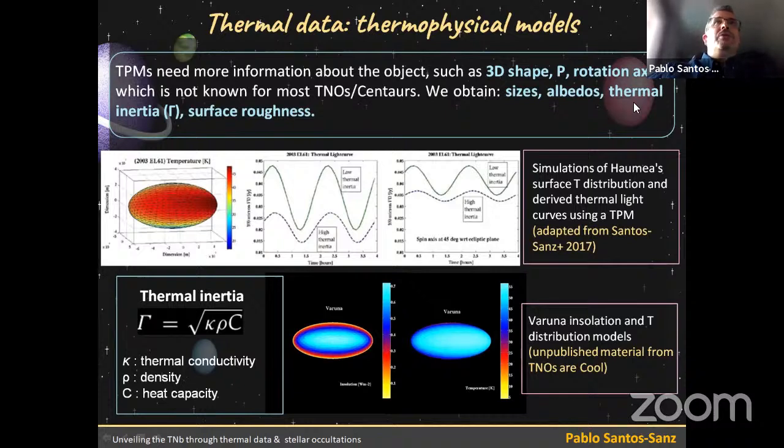Typically, we need information about the three-dimensional shape, the rotational period, and the position of the rotation axis, and then with this we can run the thermophysical model. Here you have some examples, and the thermal inertia equation that depends on the thermal conductivity, the density, and the heat capacity of the body.